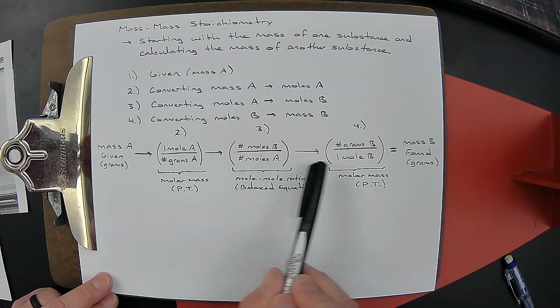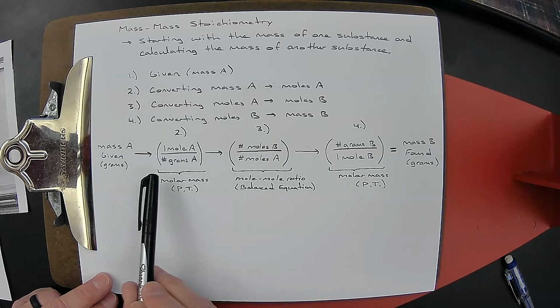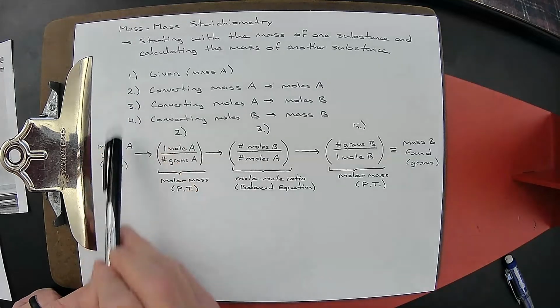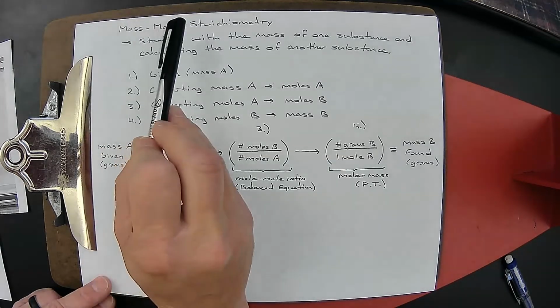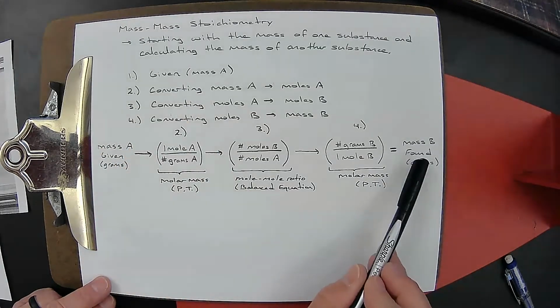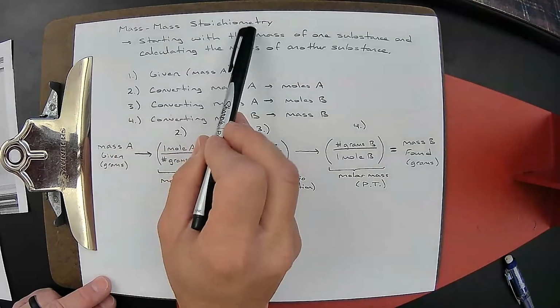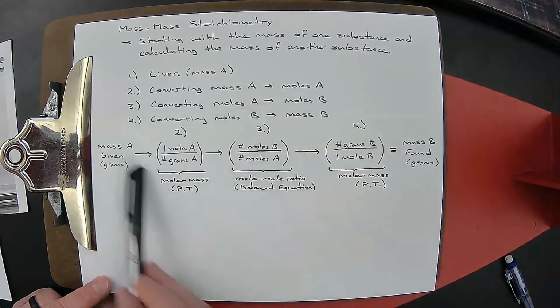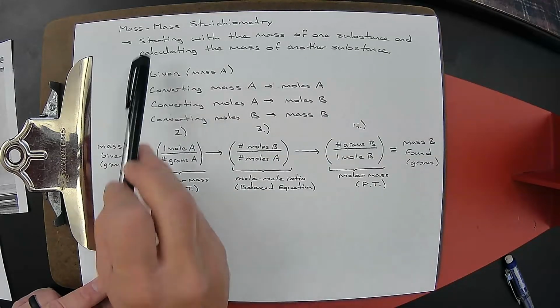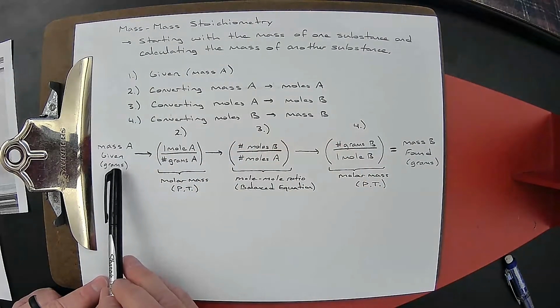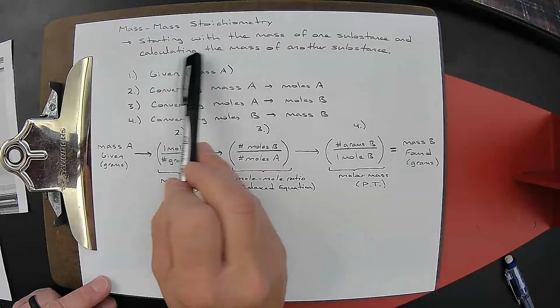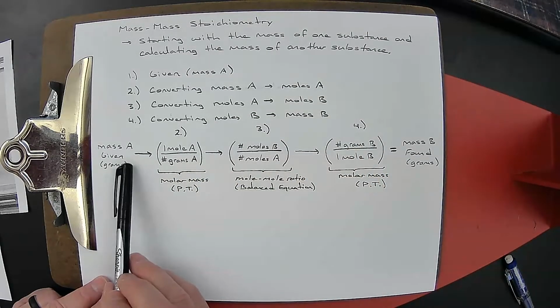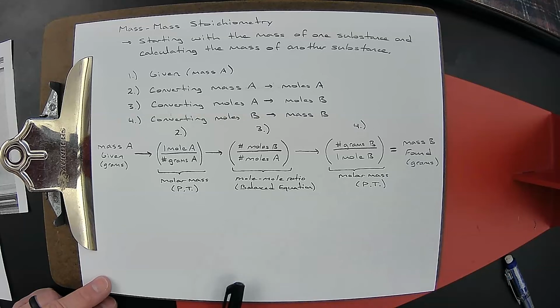Now we're putting all 3 steps together in what is called mass to mass stoichiometry, because you're starting with the mass and ending with a mass. This stoichiometry, that's what this process is. Starting with the mass of one substance and calculating the mass of another substance, which is over here.